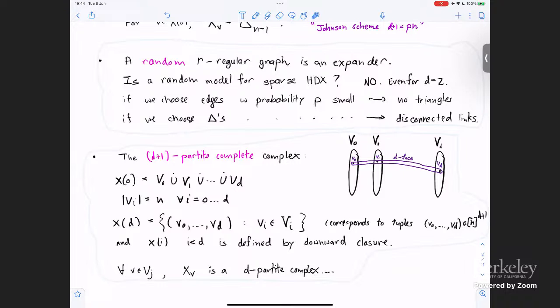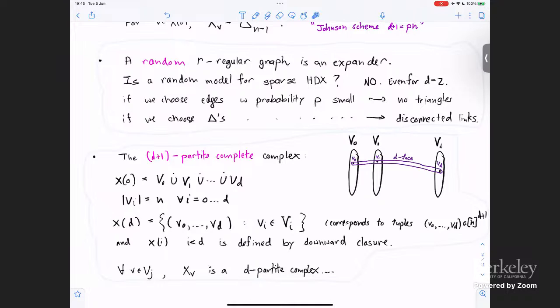a simplicial complex. So let's notice that each face corresponds to a d+1 tuple. I wrote it here, V0 up to Vd in n to the d+1. So it's another way to represent tuples of elements in n, okay?